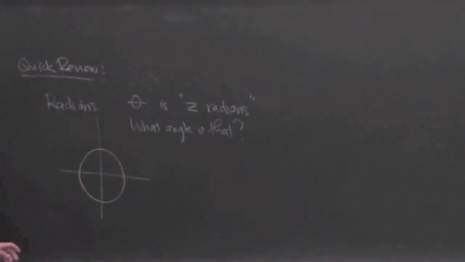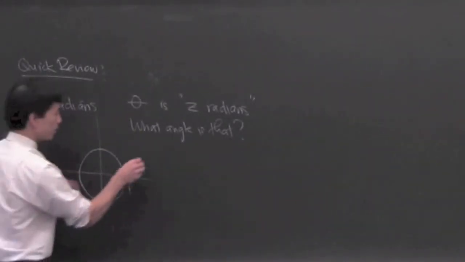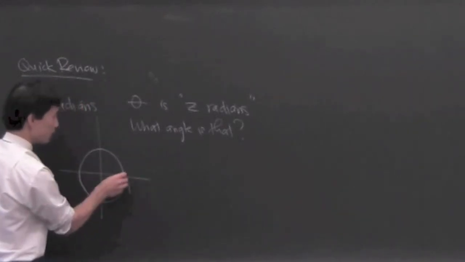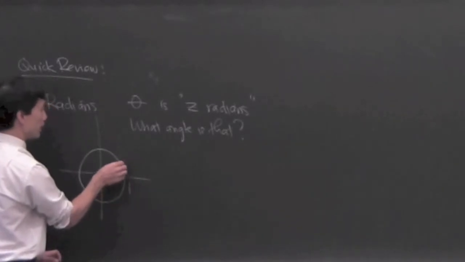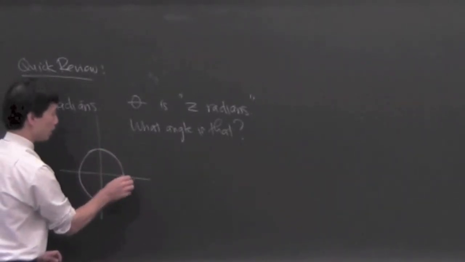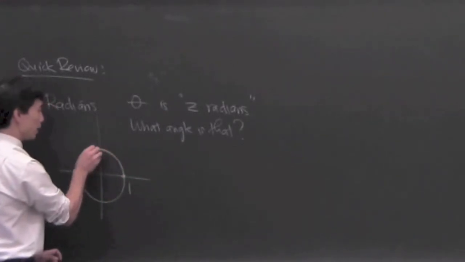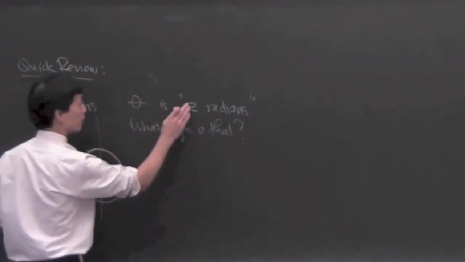I'm not going to go into this in a lot of detail because we should have done it on Wednesday. But you go to the unit circle, and you start from here, and you measure off z, so distance z. Let's say that this length is z.